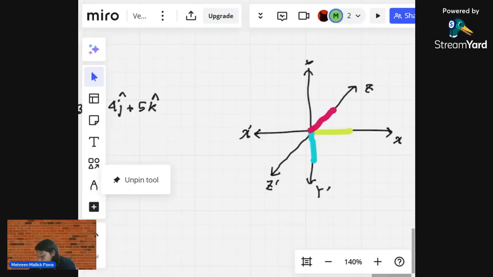So these three unit vectors are represented in three different directions. i, j, k each have their own unit vector representation. That's why I wrote it like this.